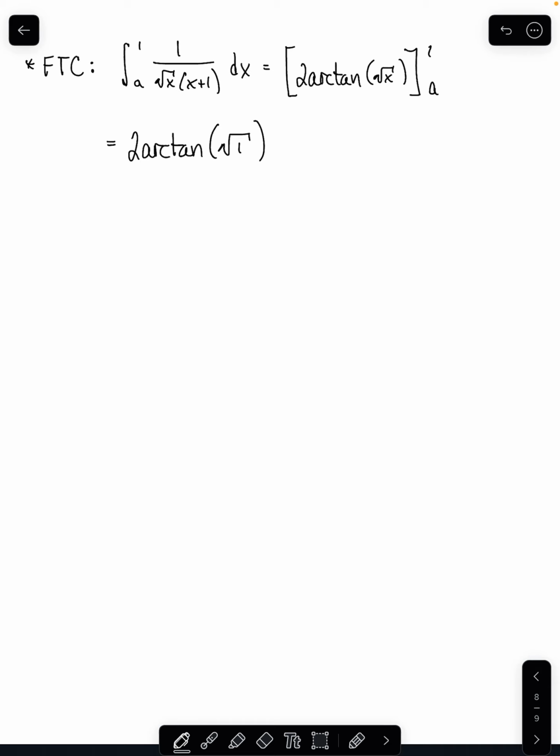Which gives us 2 times the arctangent of the square root of 1 minus 2 times the arctangent of the square root of a. And we can't do much with that second term, but the first term we can. The square root of 1 is, of course, 1.